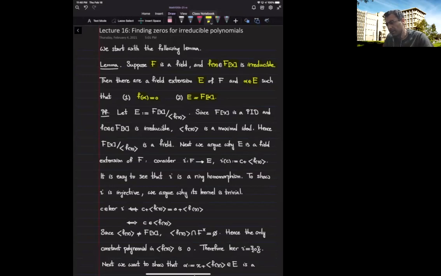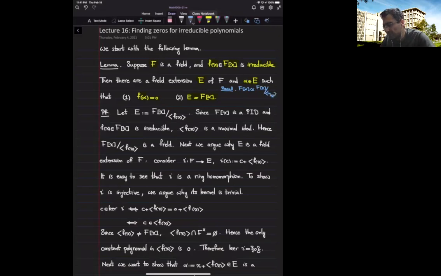Remember, if we have such a thing, if E is F[alpha], we have already proved that in that scenario, F[alpha], which is our E, is isomorphic to F[x] modulo the minimal polynomial.